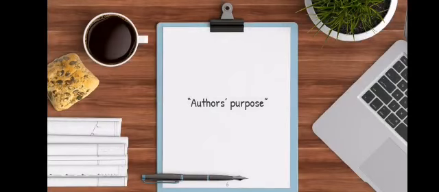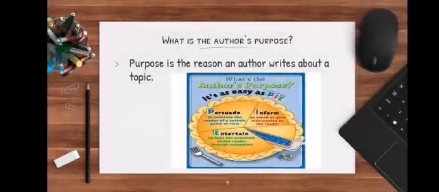The next important element that we have to check is the author's purpose. The author's purpose is the reason an author writes about a topic. An author writes to share a main idea about a topic. And then we can find it here on this pie chart, a very easy form to identify the three of them.